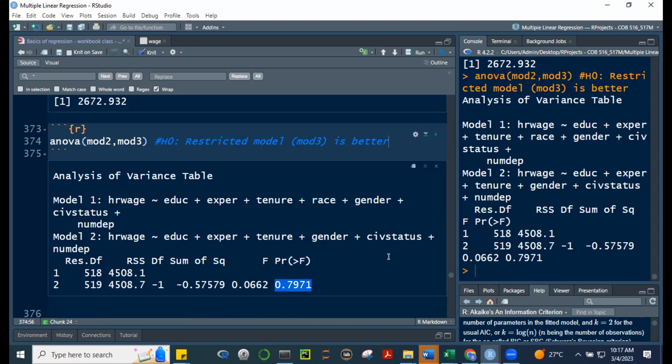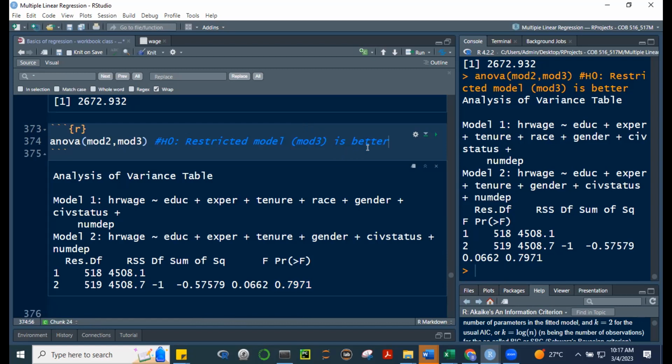We just failed to reject it. So statistics would usually suggest that we say we fail to reject the null hypothesis and not say we accept the null hypothesis. All right. Thank you, sir. Okay, thank you. So we fail to reject the null hypothesis that model 3 is better.